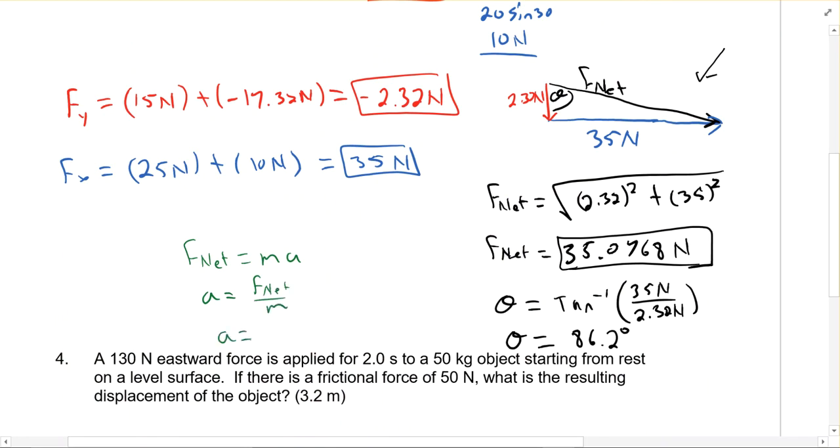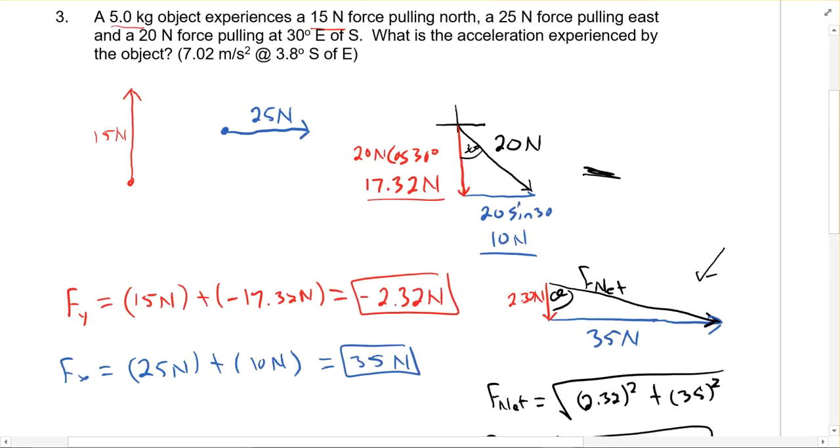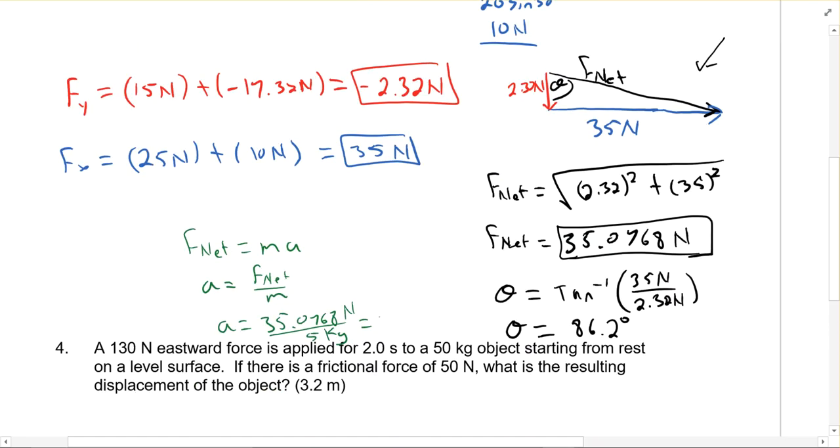So a is going to be equal to 35.0768 newtons divided by 5 kilograms. So a is going to be equal to 7.02 meters per second squared. And that's at, sorry about the cram in the writing here, 86.2 degrees. And that was east of south.